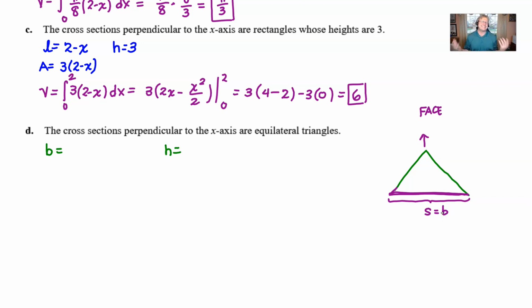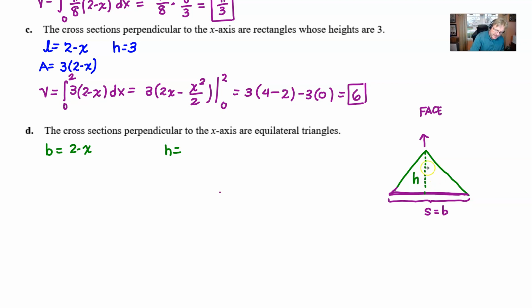I can call it the same thing, B. And I know its length because we worked very hard in part A to find that it was 2 minus x, top minus bottom. The height is a different story. The height is that length, and we need to figure that out. We also need to use some really important geometry ideas to make that happen.